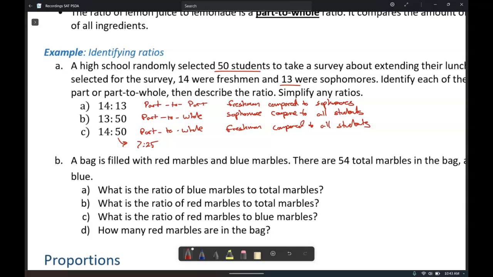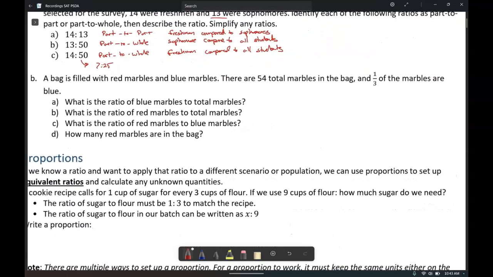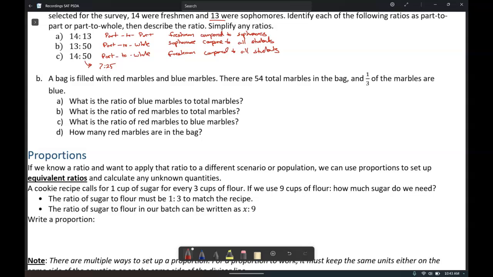A bag is filled with red and blue marbles, of which there are a total of 54. A third of the marbles are blue. And so here, we weren't told how many marbles were blue, but we were given the ratio of blue marbles to the total out of the simplified ratio.